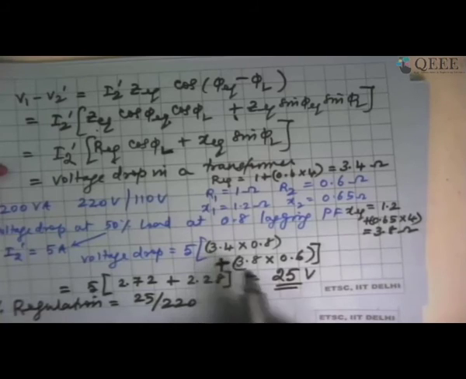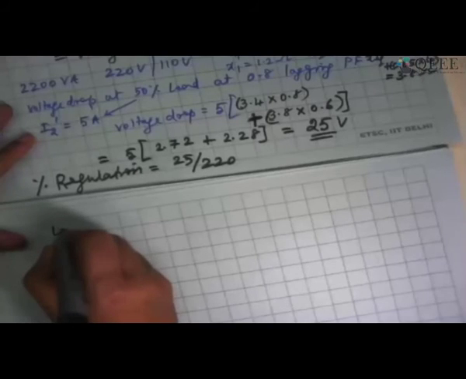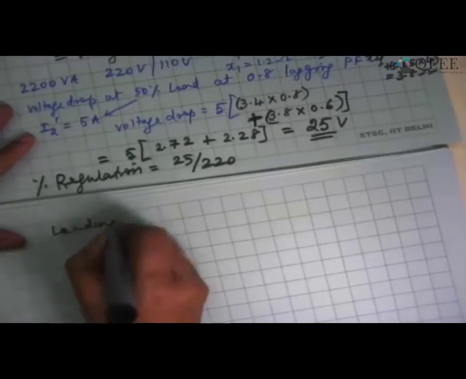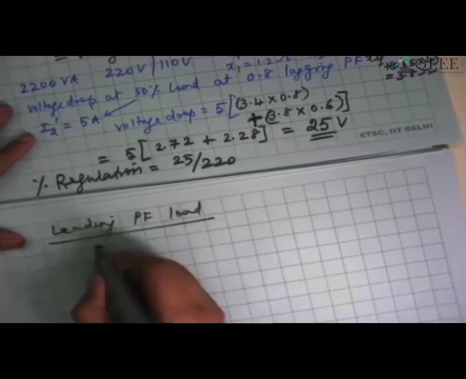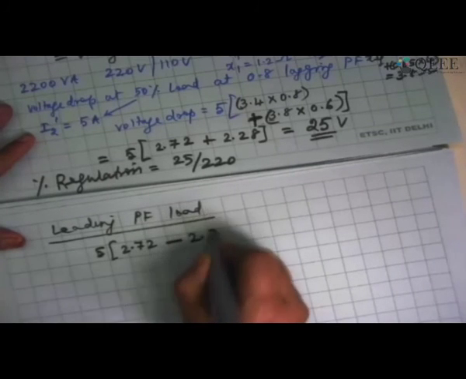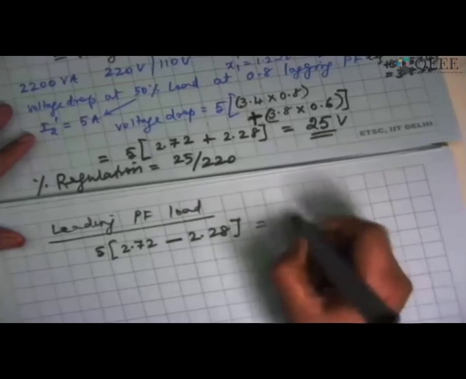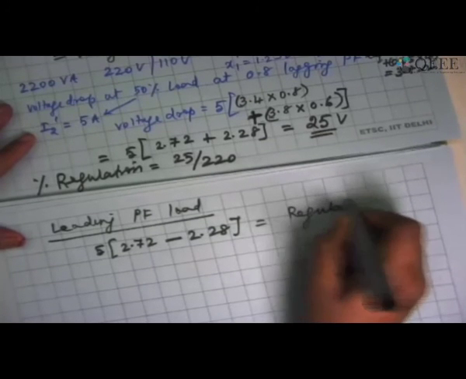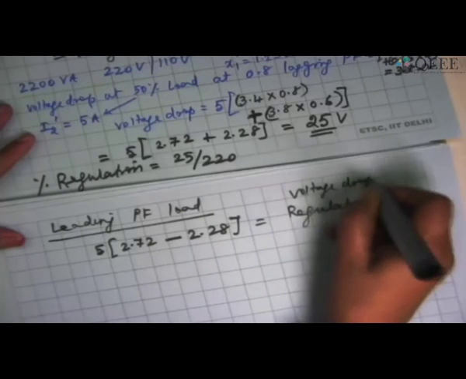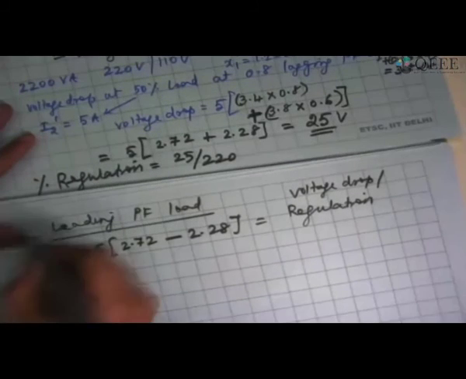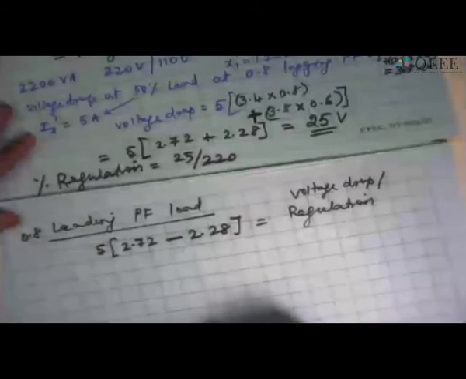If I calculate the same thing for a 0.8 leading power factor load, it would have come out to be 5 into 2.72 minus 2.28. This would have been the regulation.